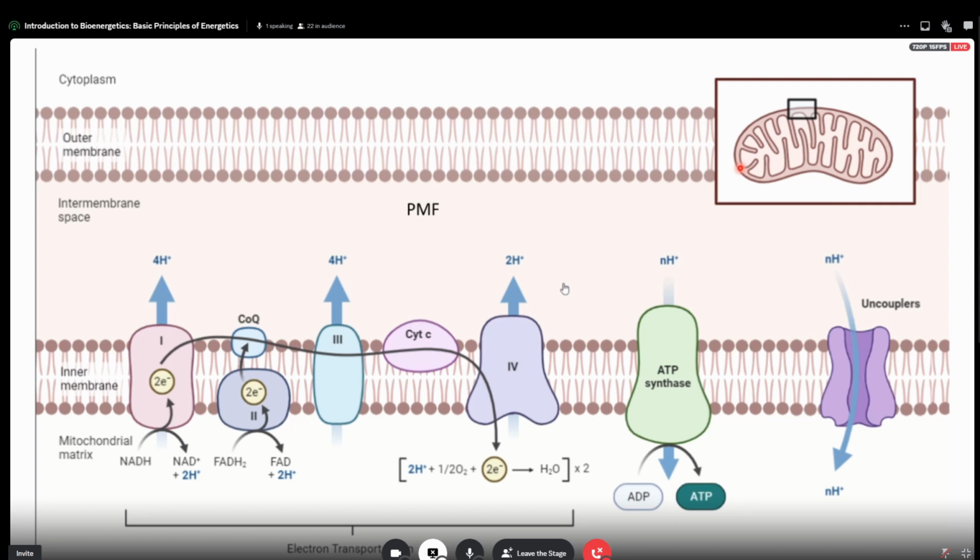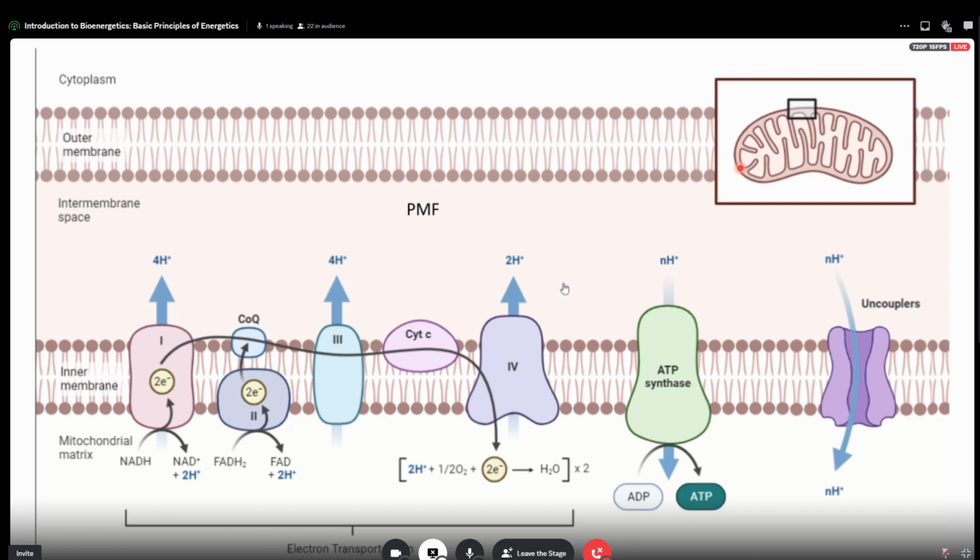So for the generation of this gradient at the level of complex 1 or complex 2, the electron flow itself can be altered by complexation of the mitochondrial complexes. You don't have individual complexes acting alone, right? They need to transport electrons to the next complex in line.